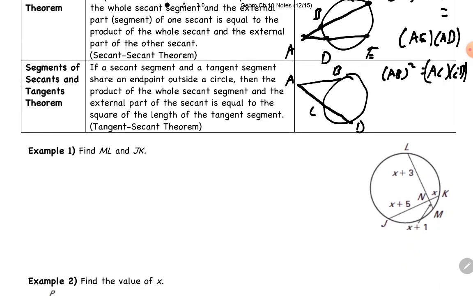Find ML and JK. We have two chords, so we just break it up into pieces.